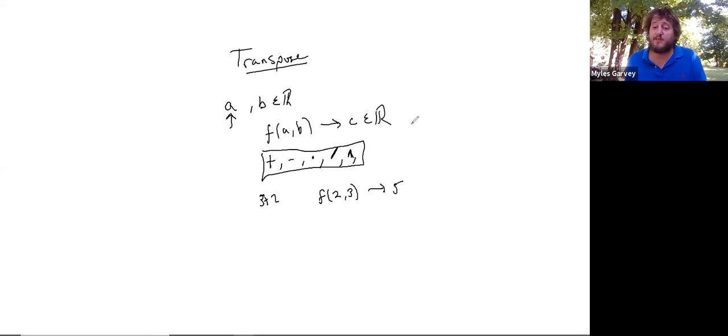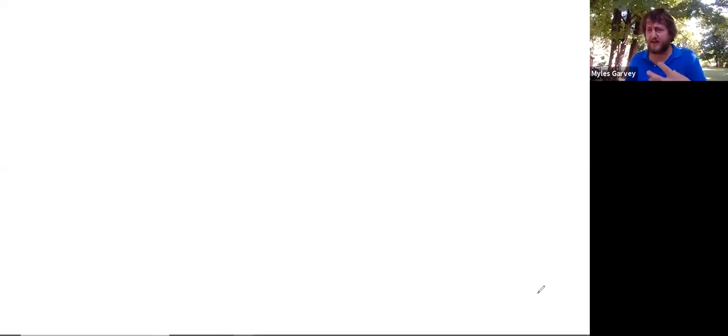And 2, 3, and 5, by the way, are all in the same set here. So the way that we can think about operating on numbers is by taking two numbers and getting a new number. Well, if we apply that same general idea to vectors and matrices, then we're doing the same thing, just on different types of elements.